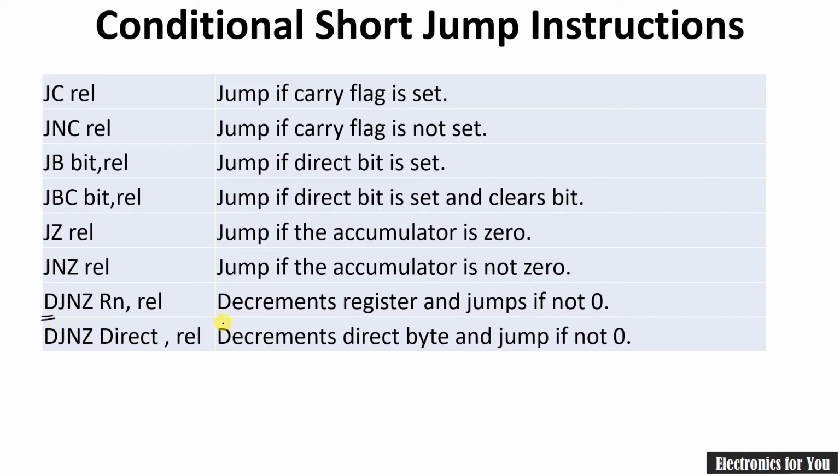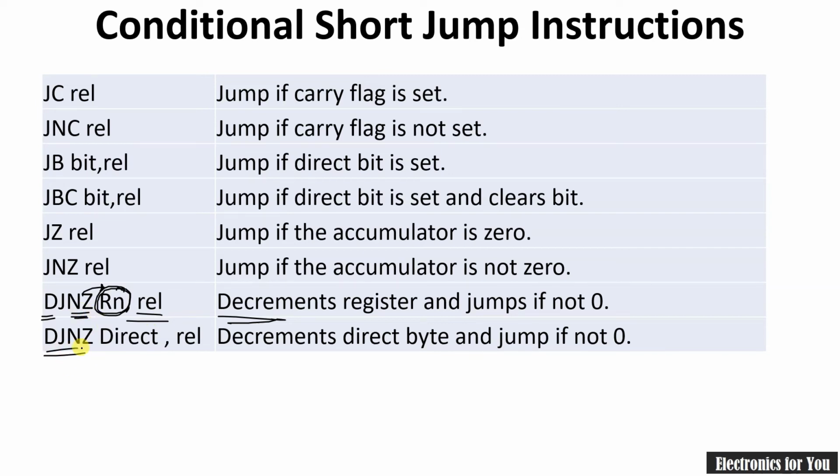Note here that we decrement the register, this is our destination register. First reduce this value by 1, and if the register's content is not 0, then jump to the particular relative address, otherwise program execution will continue.